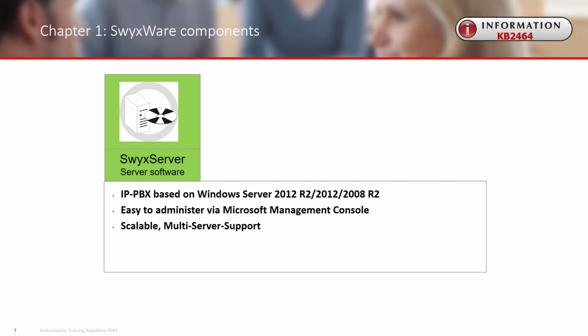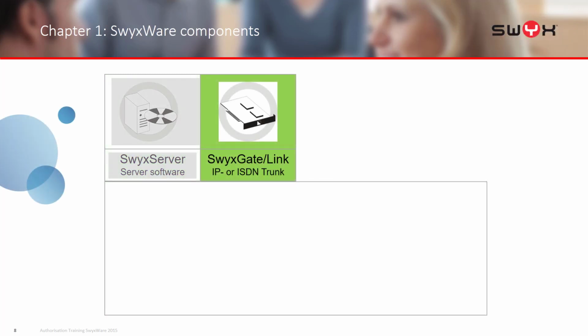We support multiple servers, and you can grow the system and have multiple sites connected or multiple servers in one very large organization. More about that in the scenarios coming up shortly. And of course multiple sites, ideal for head offices and branch offices. Again, we'll cover that in more detail when we get on to the application scenarios shortly.